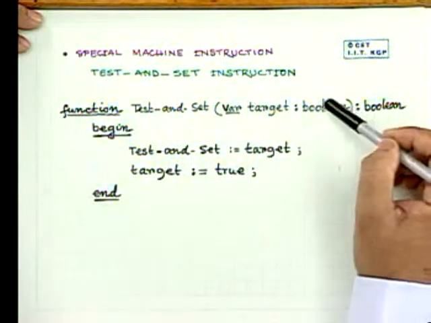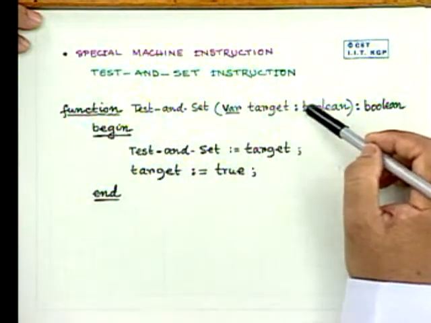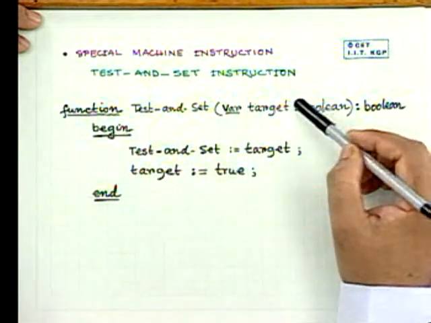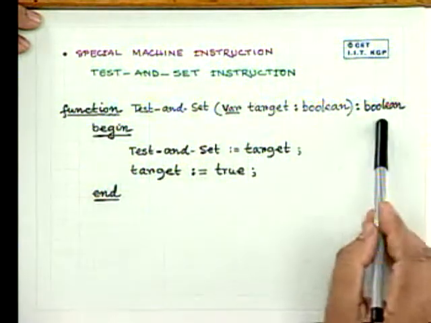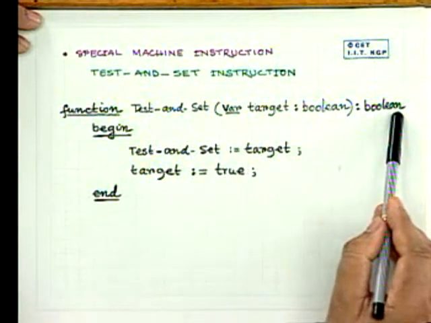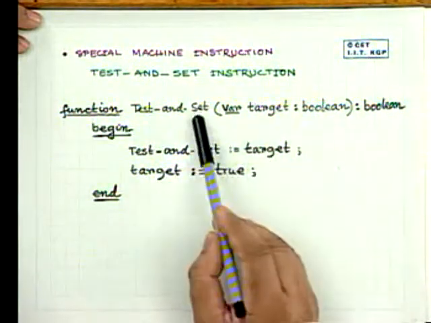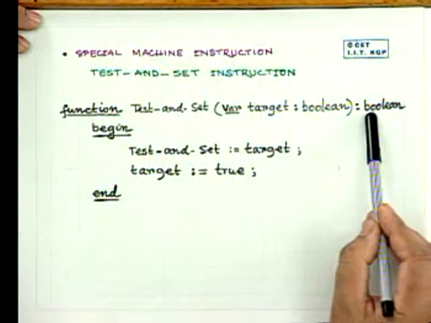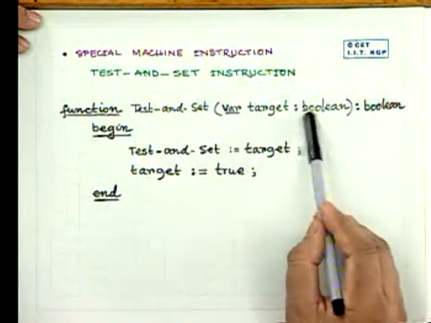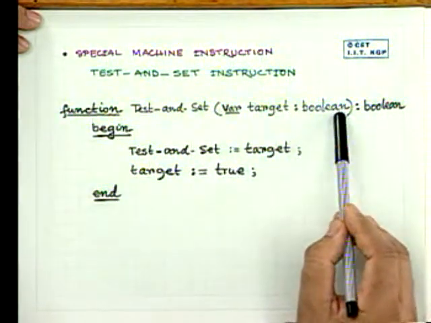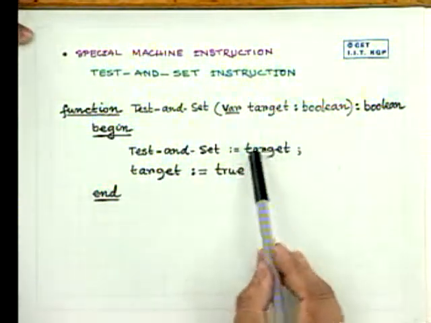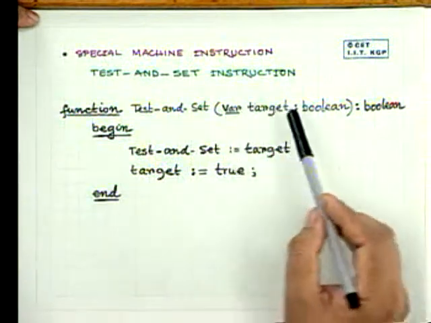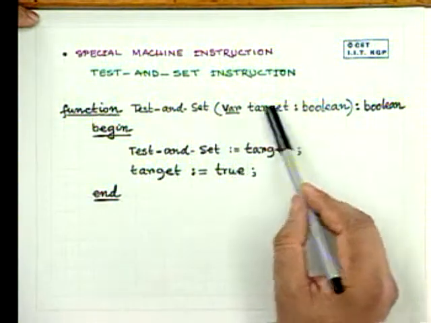That means either a true value or a false value can be sent as this parameter target, and the value returned by this function is Boolean. Therefore, test and set returns a Boolean value and accepts a parameter which is also Boolean. Variable means that the parameter passing is by reference.